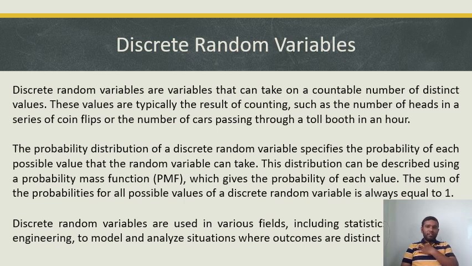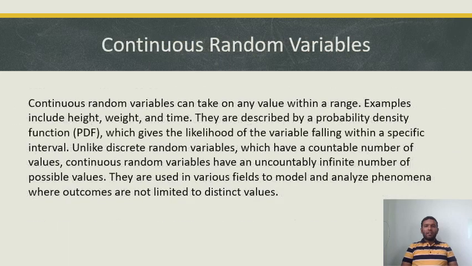This distribution can be described using the probability mass function, which gives the probability of each value. The sum of the probabilities for all possible values of a discrete random variable is always equal to 1. Discrete random variables are used in various fields, including statistics, finance, and engineering, to model and analyze situations where outcomes are distinct and countable. Now let us look at what a continuous random variable is.